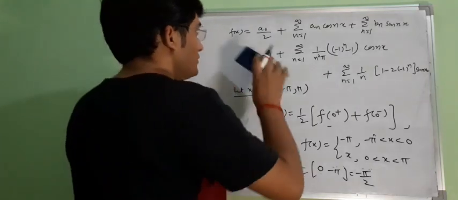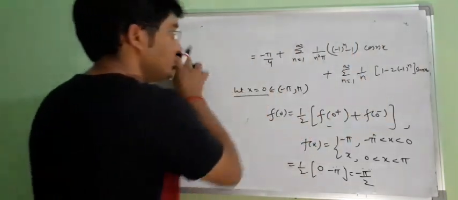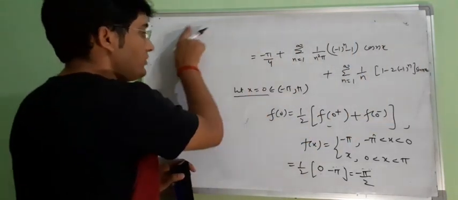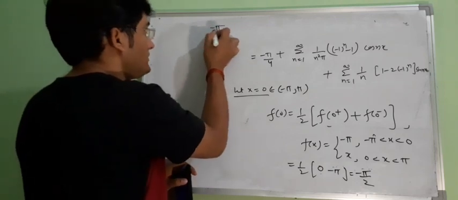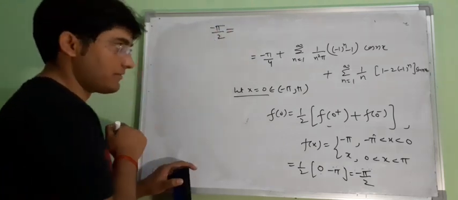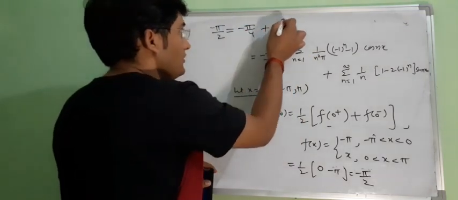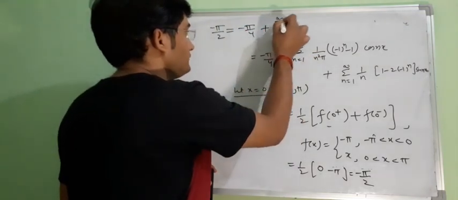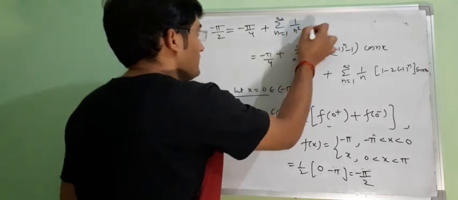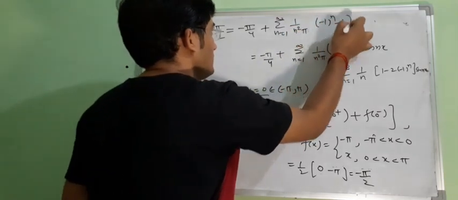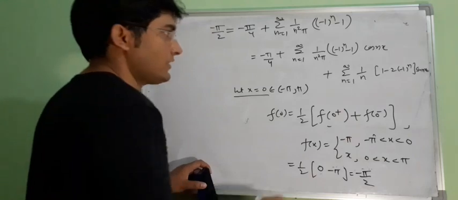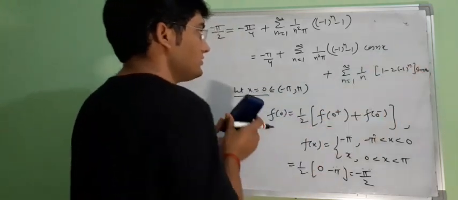So now put x equal to 0 in this series. If x equal to 0, then our left hand side was minus pi by 2. Now in the right hand side we will have minus pi by 4 plus summation 1 upon n square pi, minus 1 to power n minus 1. Now cos 0 is 1 and sin 0 is 0, so this term will be 0.